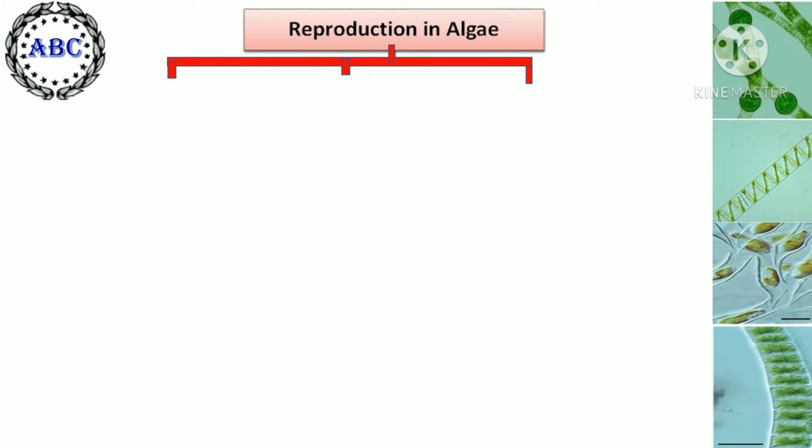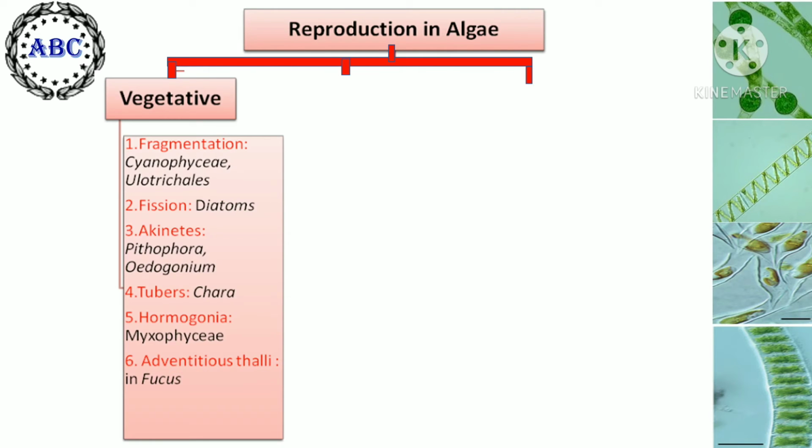Now we come to reproduction in algae. The propagation in algae takes place by vegetative, asexual, and sexual methods. In vegetative reproduction, algae reproduce by many methods, the first being fragmentation. Fragmentation is the most common vegetative method of reproduction.